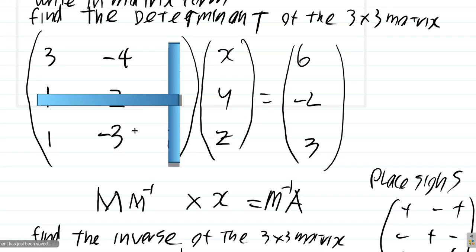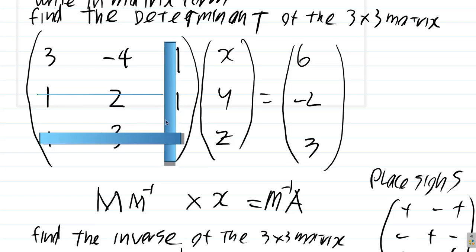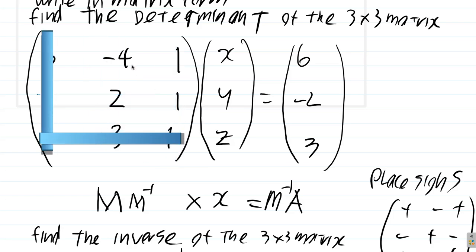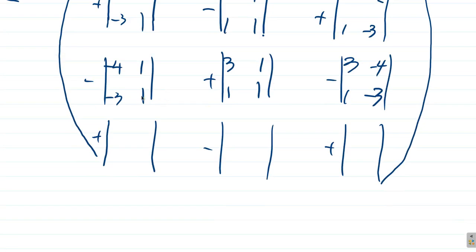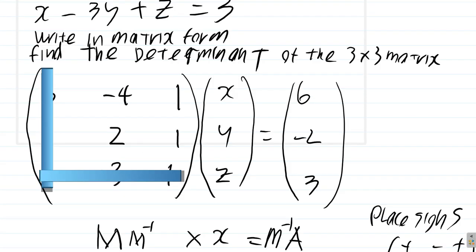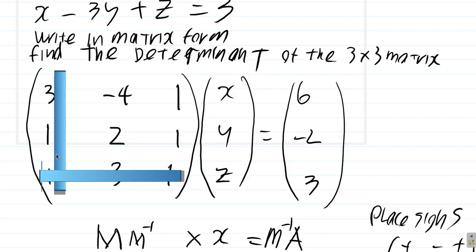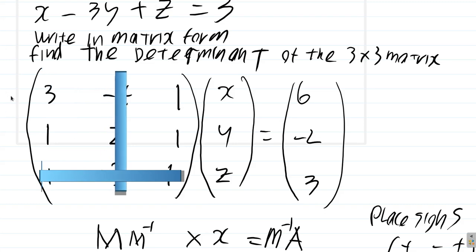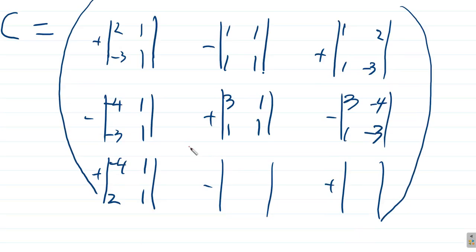So here now, we cover up the element in row 3, column 1. We have negative 4, 1, 2, 1. So that's negative 4, 1, 2, 1. Then row 3, column 2, uncovered are 3, 1, 1, 1. So we have 3, 1, 1, 1.